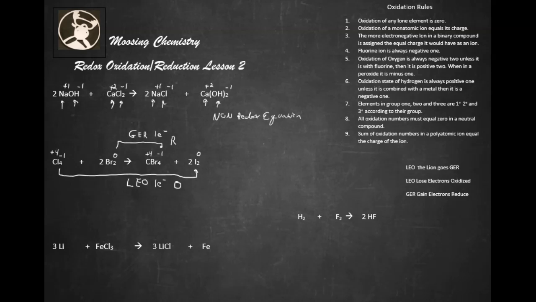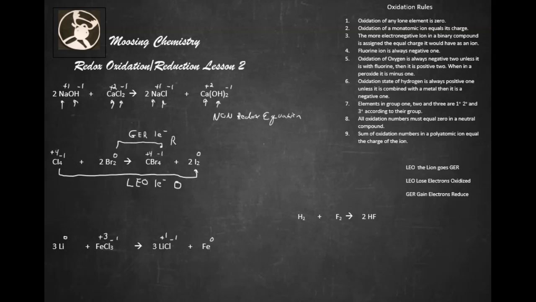All right. Let's look at the next one here. Okay. So Li starts off with a 0 because it's all by itself. This is a -1. This is a +3. This is a -1. This is a +1. This is a 0. Okay. Our chlorines do not change. They're still at -1 each.